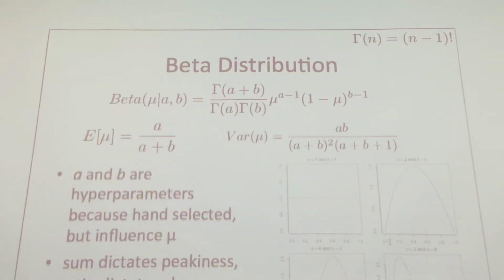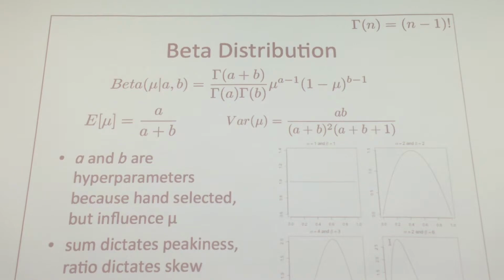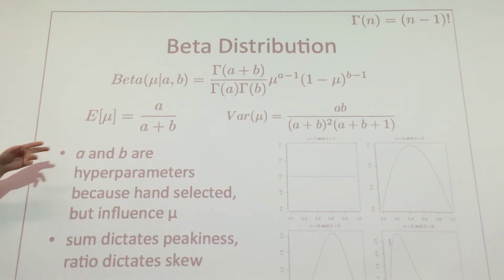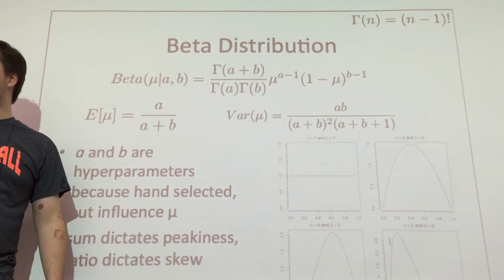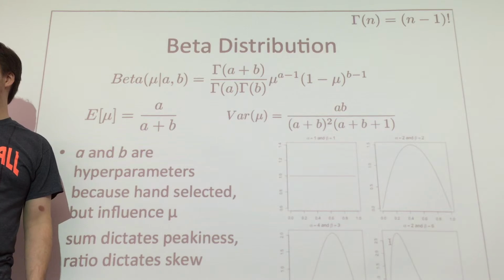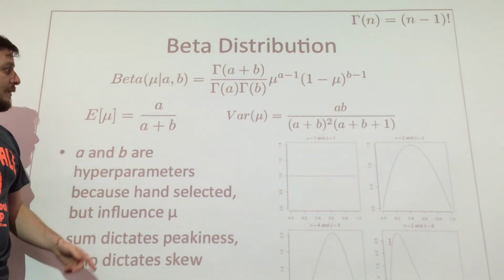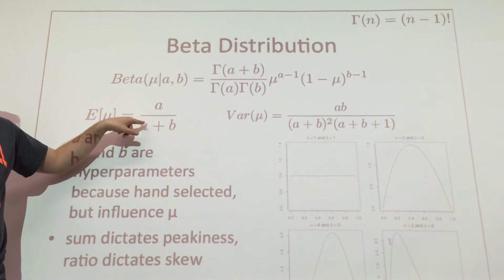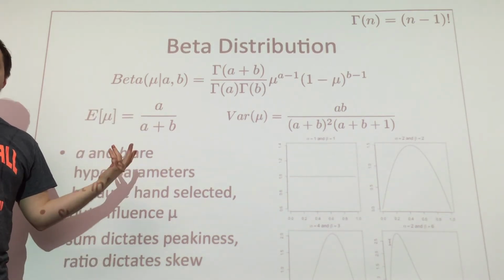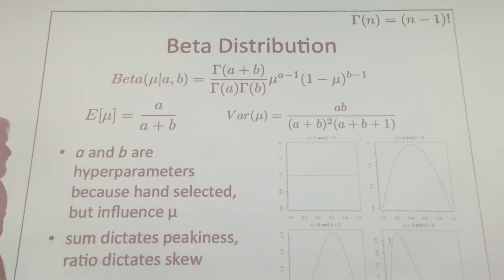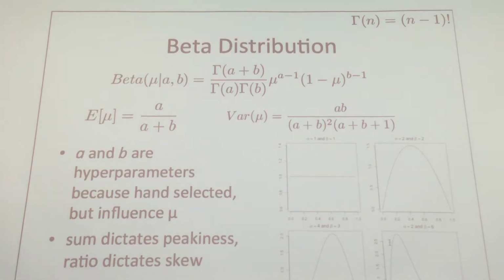So for the Bernoulli or binomial, you have the beta, and the beta, if you really look at it, is the number of fake heads. It's the number of pseudo counts of heads is what you're essentially doing. So your expectation looks a lot like the probability of a fake head occurring, and your variance looks somewhat similar to the other case.